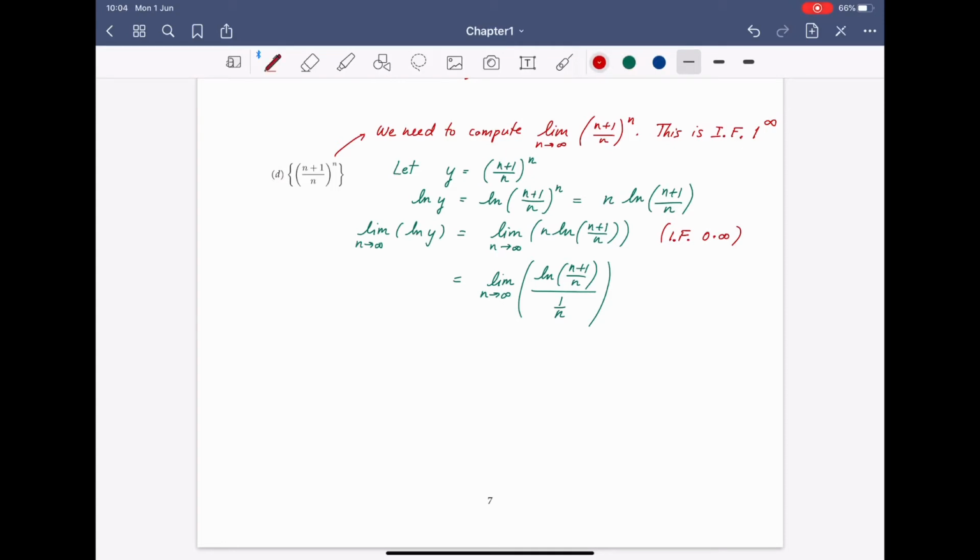Alright, so now it has come back to the indeterminate form 0 over 0, because if you plug in n equal to infinity, on the top you get 0, and on the bottom 1 over n, so you get 0 as well. So now you're ready to use L'Hopital's rule, so you differentiate.